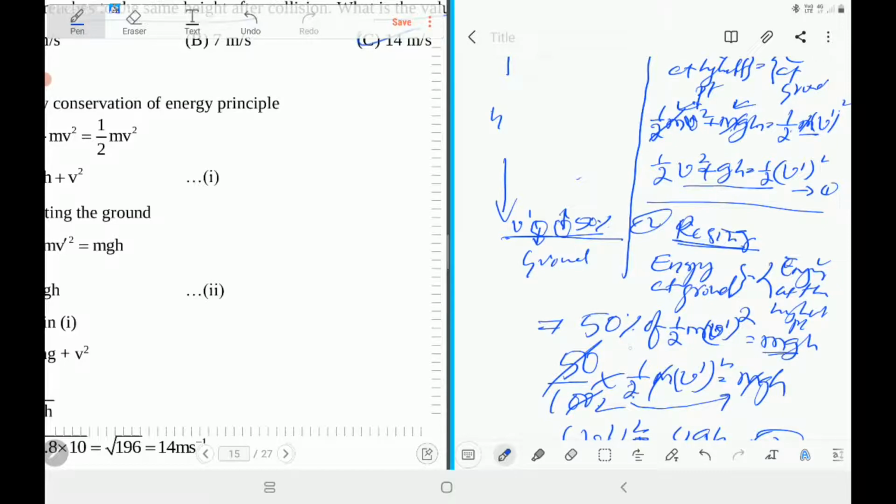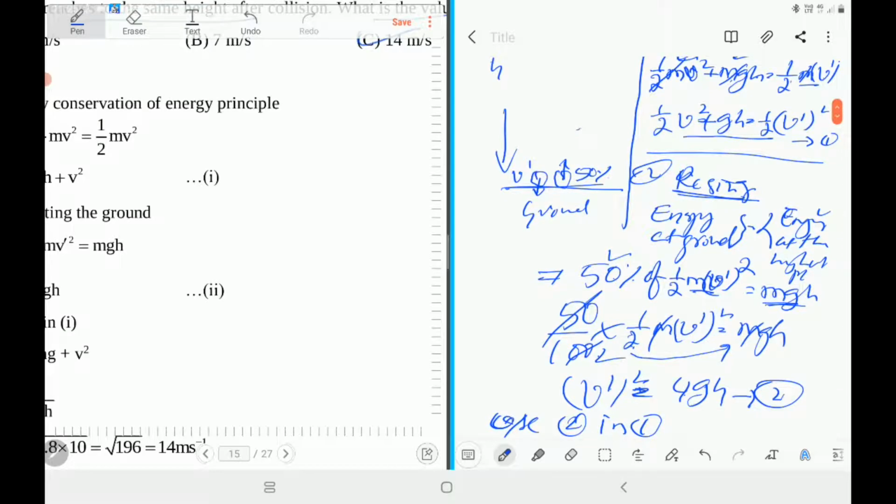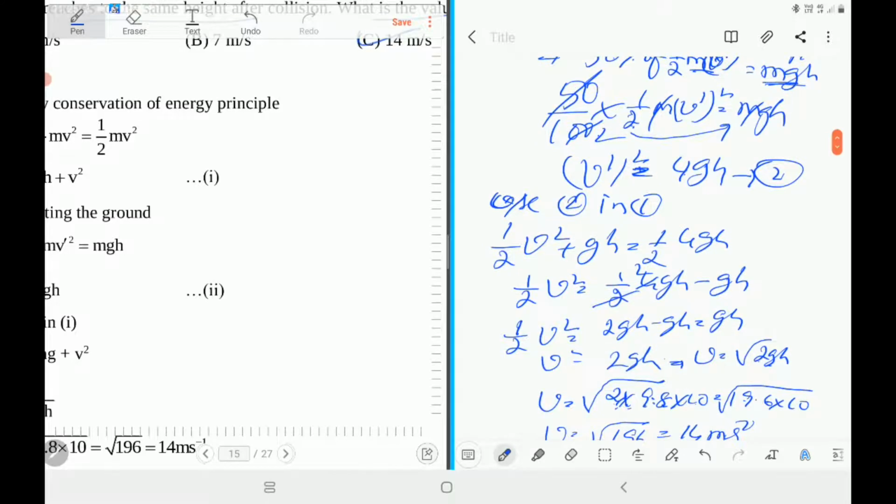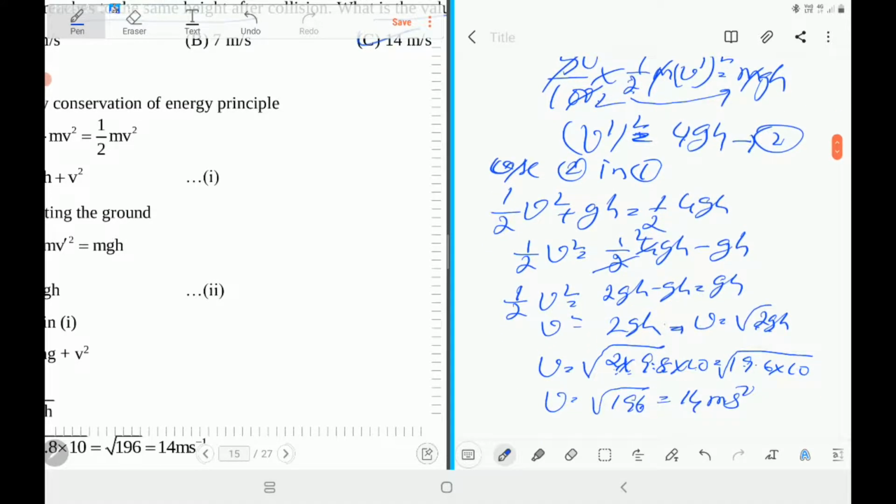While rising up from the ground, it possesses only 50% of the energy before collision. That's what he says in the problem. That's why 50% of the energy before collision is mgh. So if you solve for the v dash value, you put it in equation 1 and solve, and get root of 2gh. Put the values. Answer done.